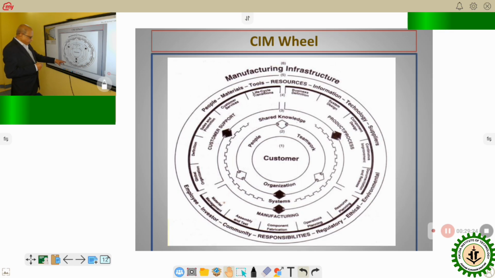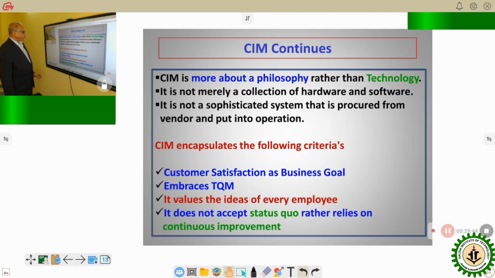So, employee, investor, community, regulatory bodies like the Pollution Control Board, environmental protection to reduce the environmental hazards, and of course, values and ethics. So, everything has to be covered while implementing the CIM in its true perspective.